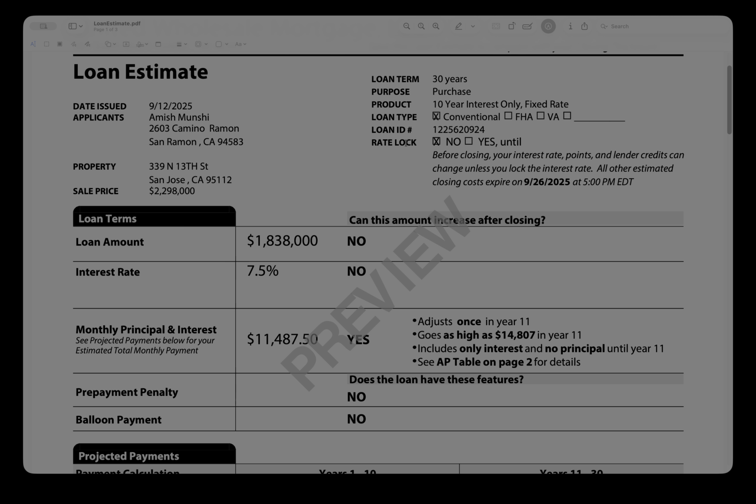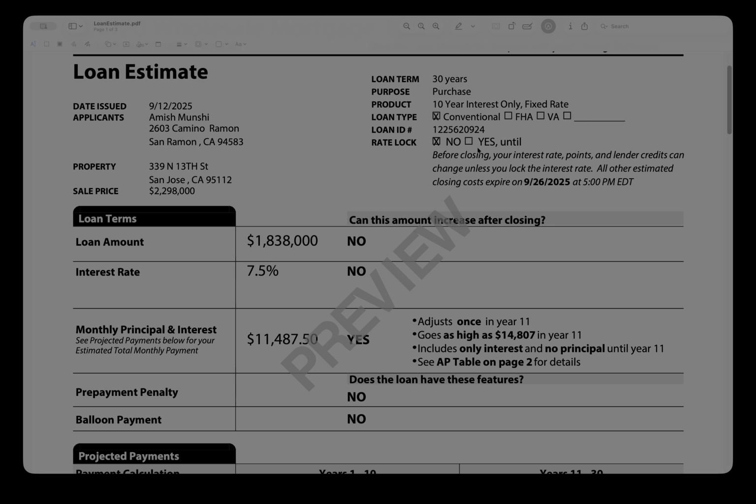The rate lock is important because this interest rate, let's say this was created on Friday, September 12th. By Monday, even if the lender is charging the same fees and same terms, this interest rate could be different if the market scenario varies, right?